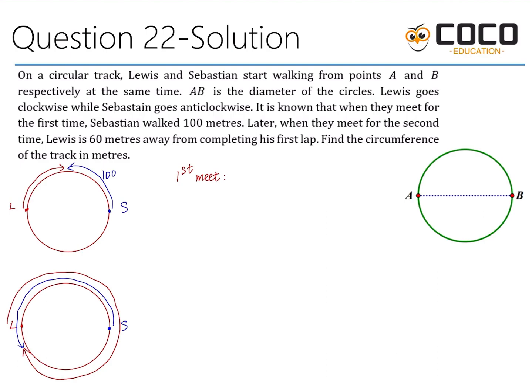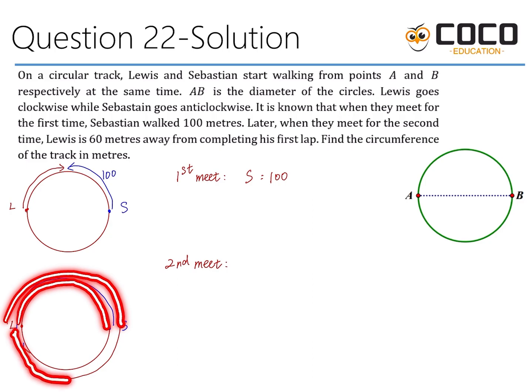When they meet for the first time, Sebastian traveled 100. Now when they meet for the second time, each of them should travel 3 times the distance before. This is because, you see in the first figure, the total distance traveled by them is a semicircle. Whereas in the second figure, the total distance traveled is 3 semicircles. So 3 times the distance before.